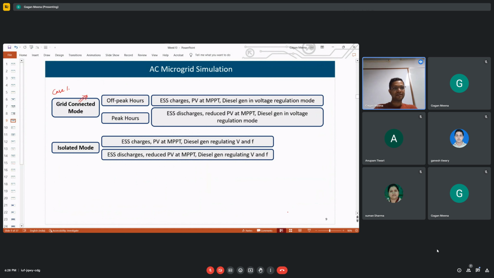And if you want to add new ones also, we can connect one more in parallel. Or capacity, we call it capacity enhancement or capacity upgradation.